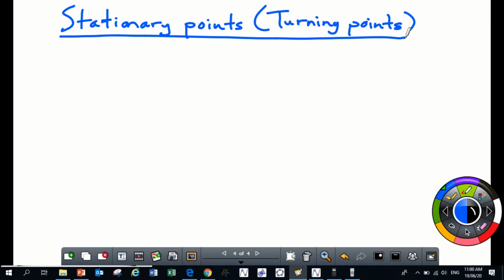At all stationary points, in brackets, turning points, the gradient of the function and the gradient of the tangent are equal to 0.